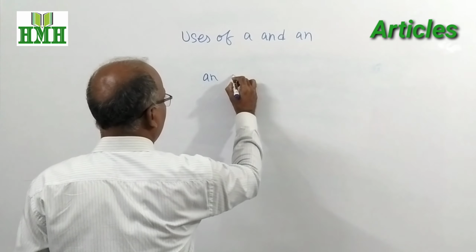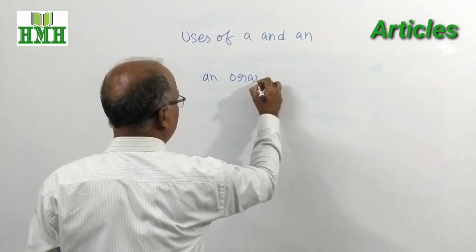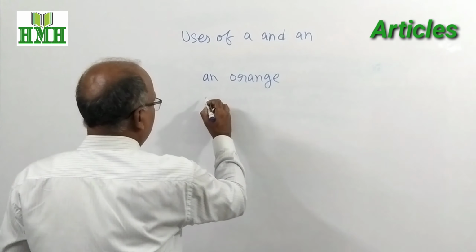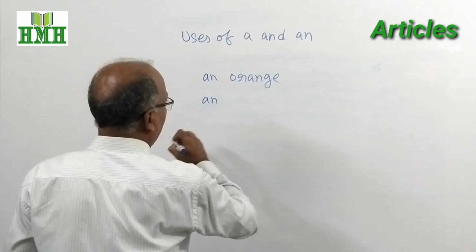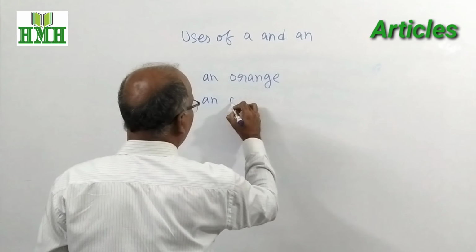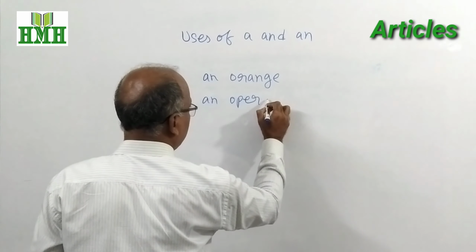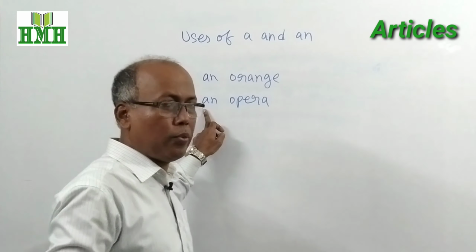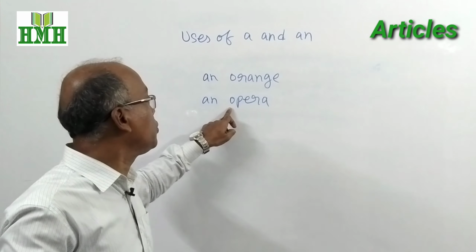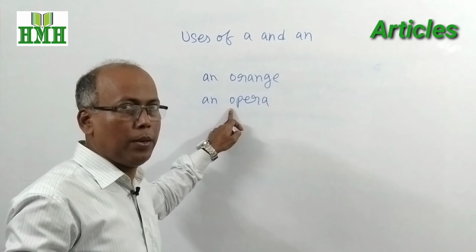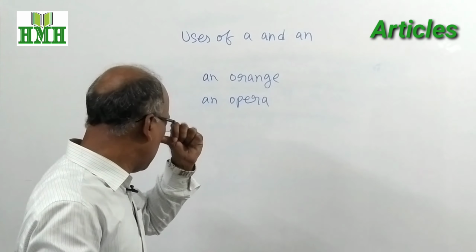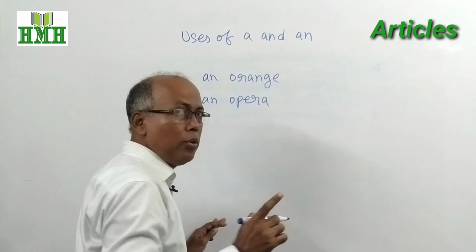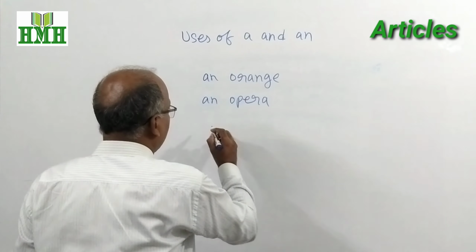Suppose an orange, an opera. An is used before a word that begins with O, but a is used before the word one.